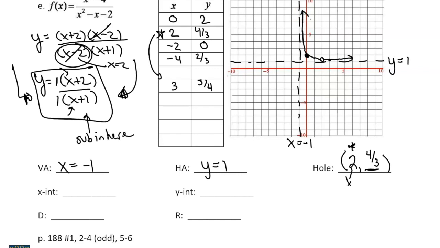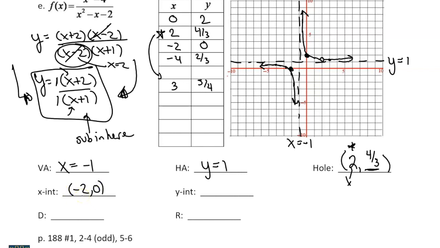And then to the left of our vertical asymptote, we could say we have the point (-2, 0), and we have the point (-4, 2/3). And there we go.